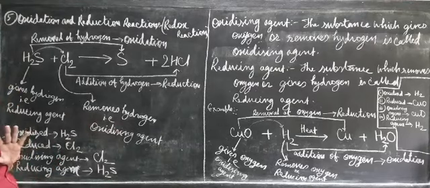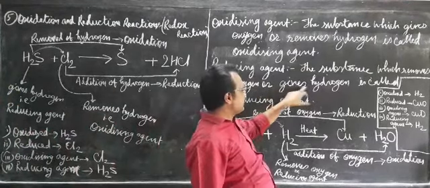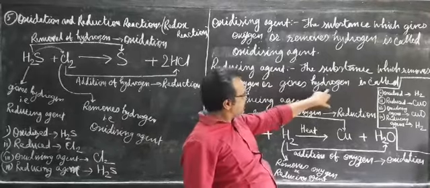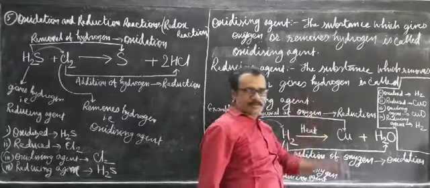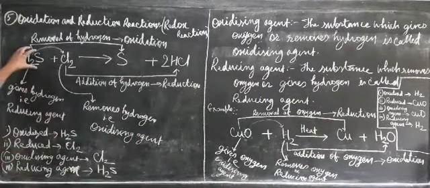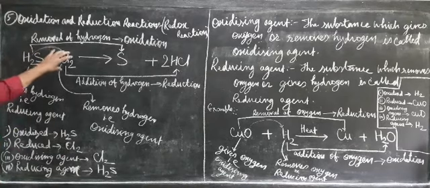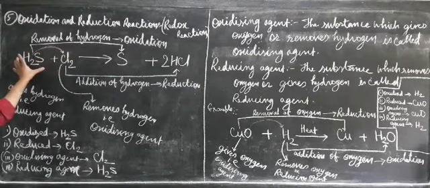Have you understood? Now look at the reducing agent. What is the definition? Anything which gives hydrogen is known as a reducing agent. Now see, this hydrogen sulfide is giving the hydrogen to this chlorine.